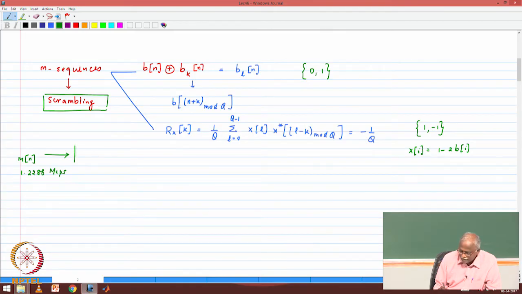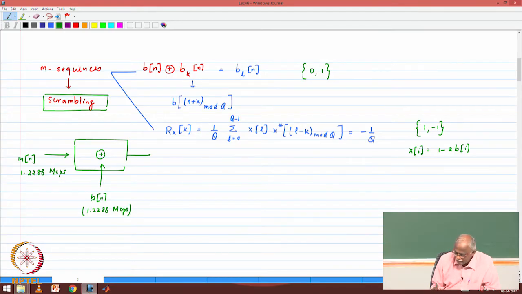Then the scrambling operation turns out to be a modulo 2 addition with a sequence, an M sequence in this case. So it's again in the binary form. This is also at 1.2288 megachips per second, and out comes a modified sequence, which is also at the same rate.